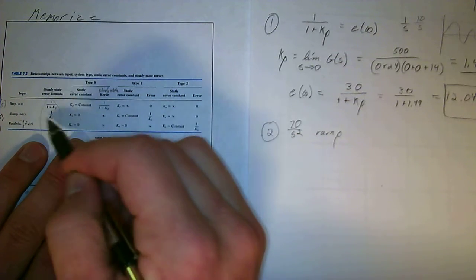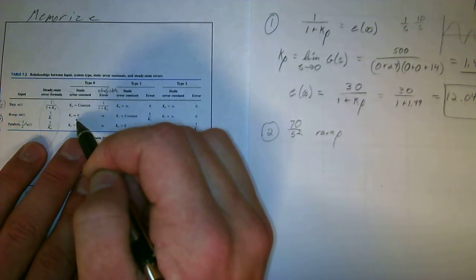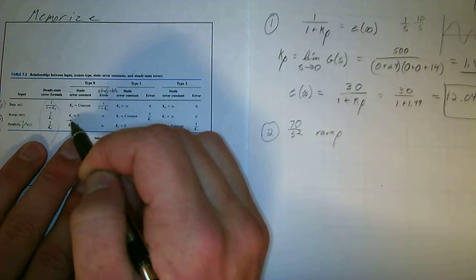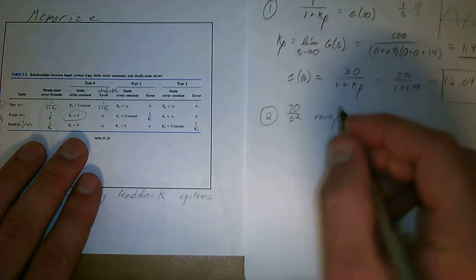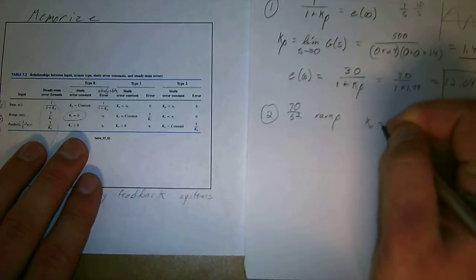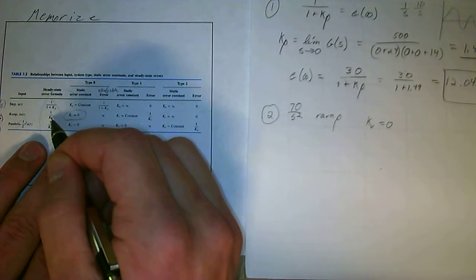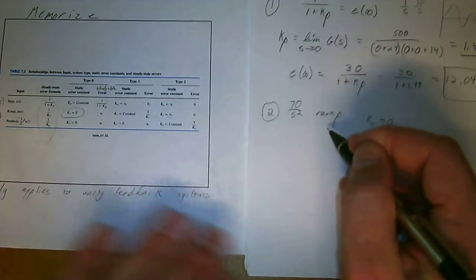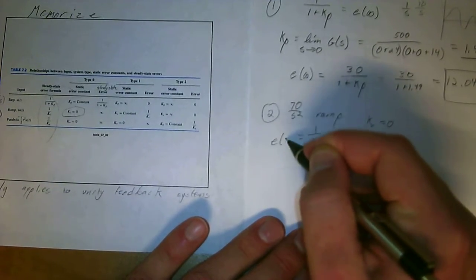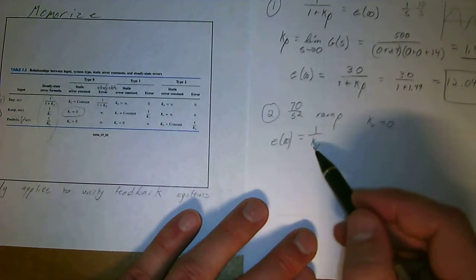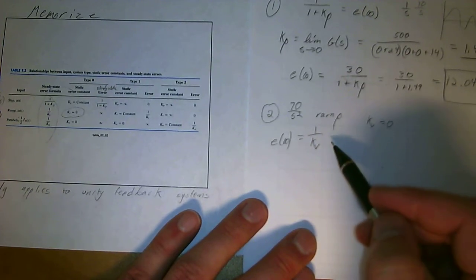For a ramp input of type 0, Kv is equal to 0. So by the table, we're able to see that Kv is equal to 0. But the equation for steady state error is 1 over Kv. So this is what we're looking for, e of infinity. But when we do our limit system, we should end up with Kv equal to 0.